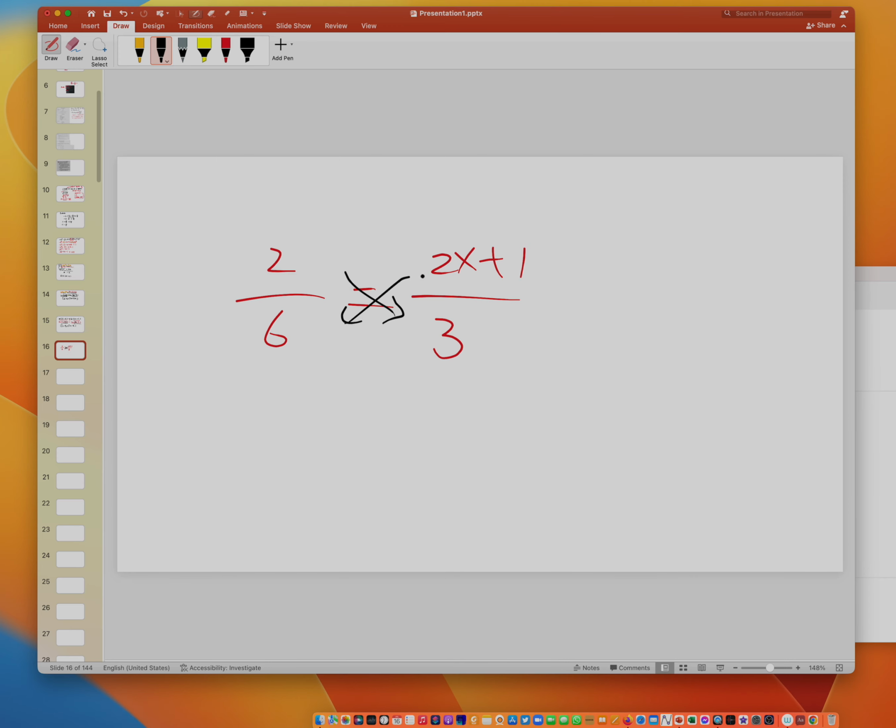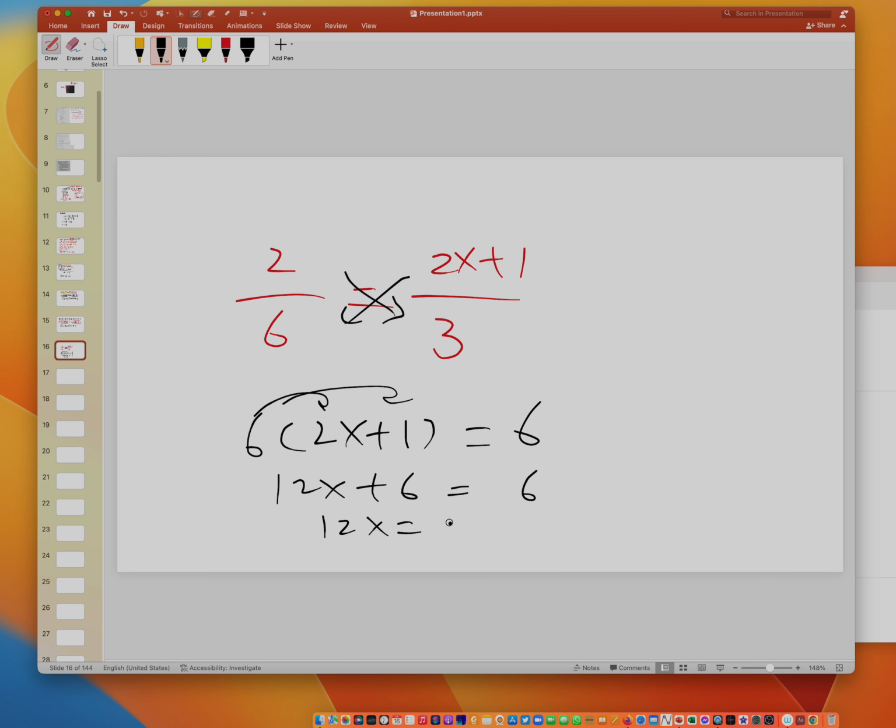The first arrow you will get 6. So basically you need to write down every single step. Then this is the second. You open the bracket, so 12x plus 6 equal to 6. So 12x is equal to 6 minus 6, which is 0. So x is equal to 0. That's the answer. Simple. Never use same denominator again.